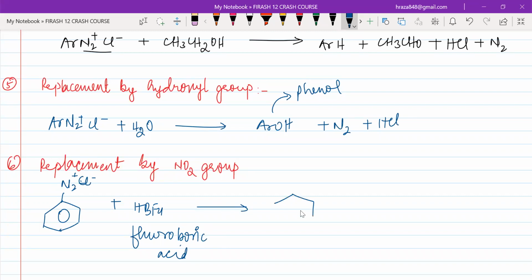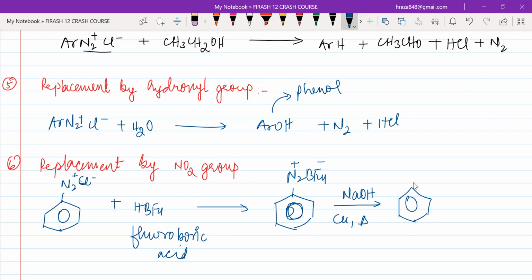Then this Cl minus will be replaced by BF4 negative with N2 plus. And if you react it with NaNO2 in the presence of copper and heat it, then it will be replaced with NO2 plus N2 plus NaBF4. So this is how we do.